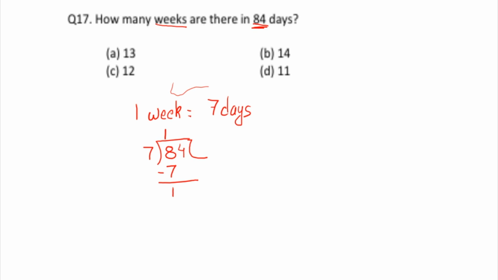Subtract 8 minus 7 is 1 and 4 will come down. 7 how many times is 14? 7 twos are 14. So 12. So in 12 weeks there are 84 days.